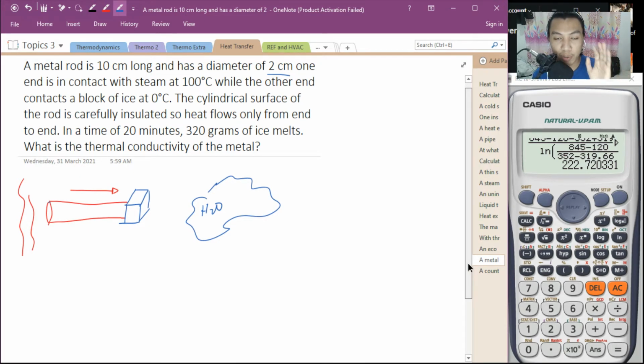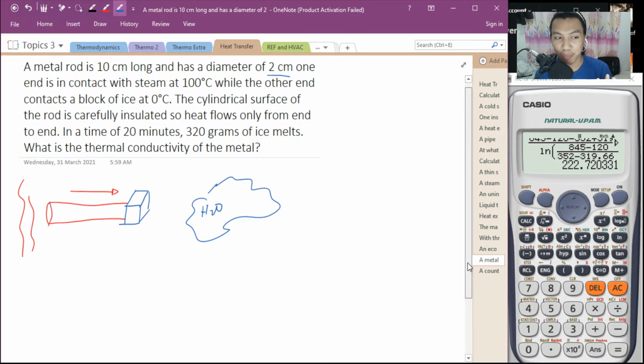When the steam or the hot rod transfers heat, that heat will be absorbed by the ice when it turns into water. Vaporization is for water to steam; ice to water or water to ice is latent heat of fusion.